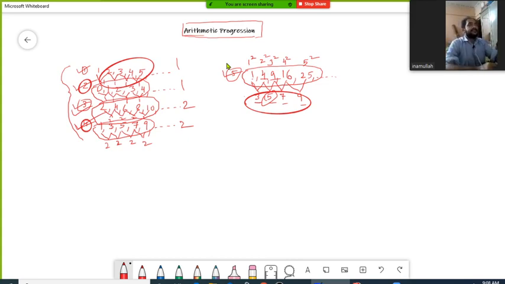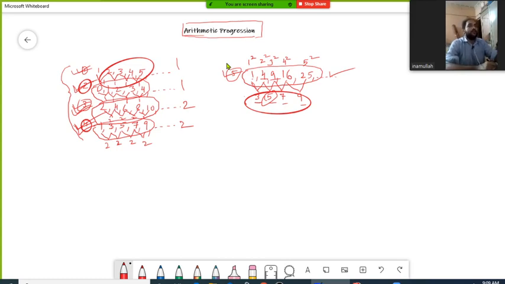So 1, 4, 9, 16 is a sequence, but it is not an arithmetic progression. And all four of the other sequences, numbers 1, 2, 3 and 4, are called arithmetic progressions because the difference between any two consecutive terms is constant.